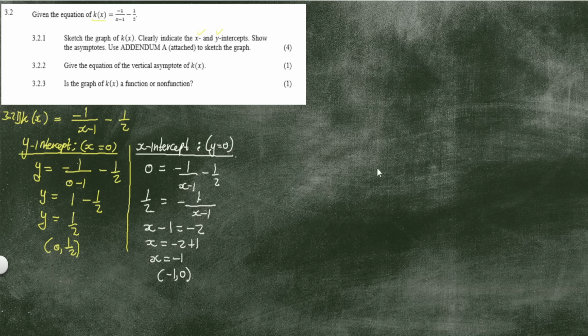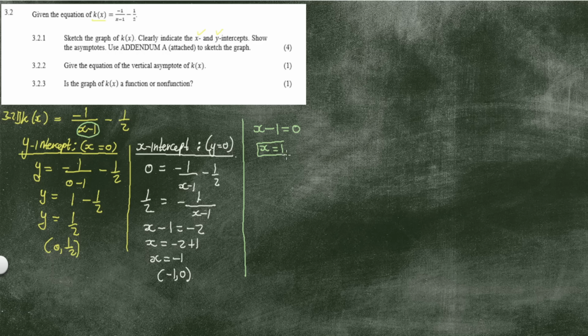Okay, now let's go ahead and get the asymptotes. So we have two asymptotes, the x asymptote, which is the vertical asymptote, and also the y asymptote. So let's start with the x asymptote. You take the x minus 1, you equate it to 0, then you make x the subject of the formula.